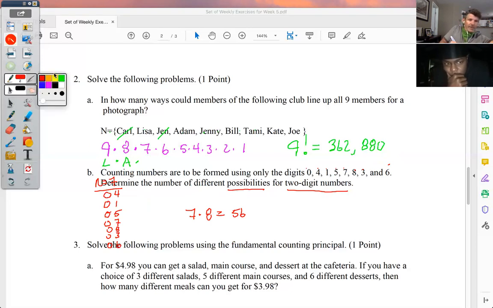I want to make sure I did it right, so I went ahead and let 4 be the first number: 4 0, 4 1, 4 5, 4 7, 4 8, 4 3, and 4 6. Still has 7 in it, doesn't it? So now our theory's working. You're going to have 7 in each category, and there's 8 categories, so we'd have a total of 56.